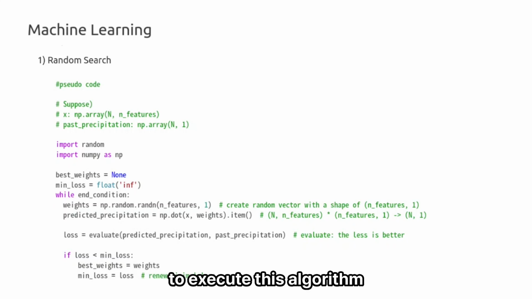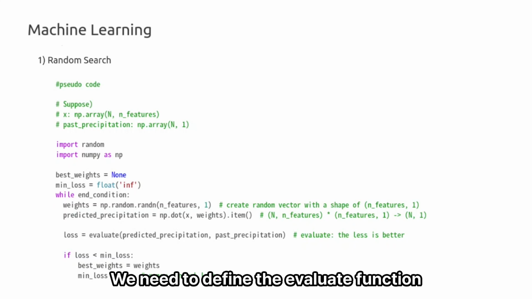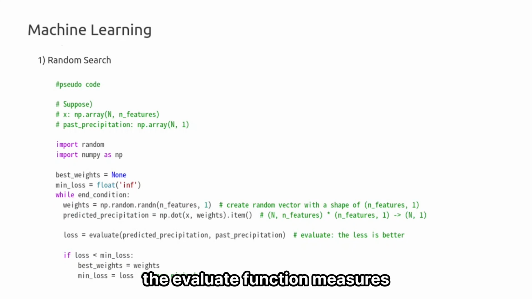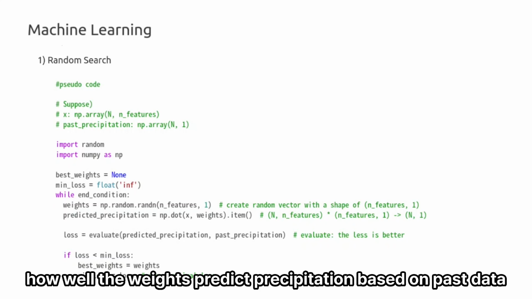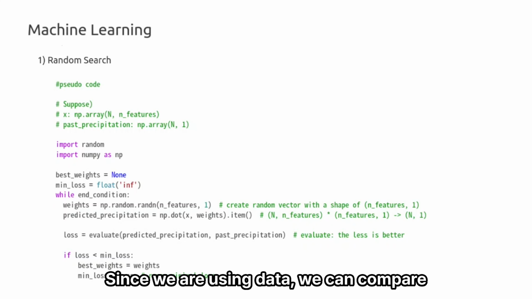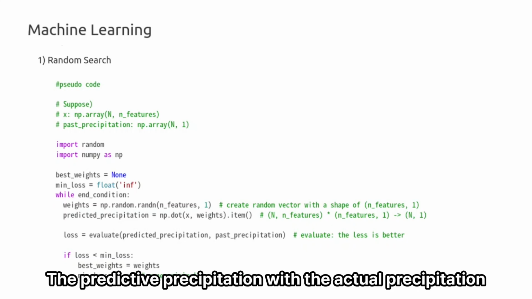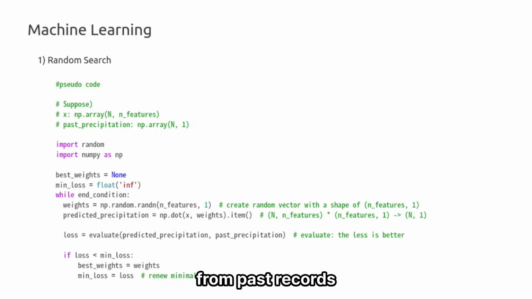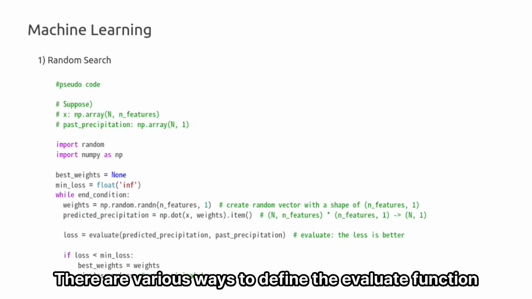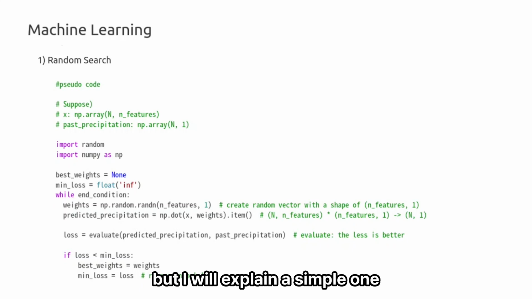To execute this algorithm, we need to define the evaluator function. The evaluator function measures how well the weights predict precipitation based on past data. Since we are using data, we can compare the predicted precipitation with the actual precipitation from past records. There are various ways to define the evaluator function, but I will explain a simple one.